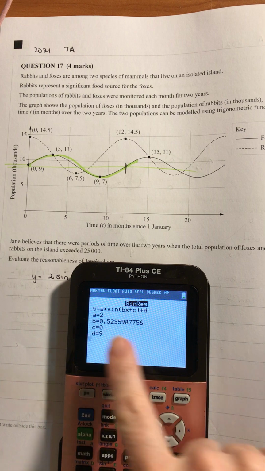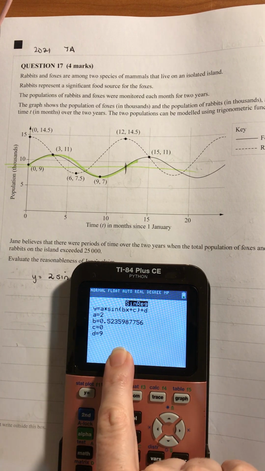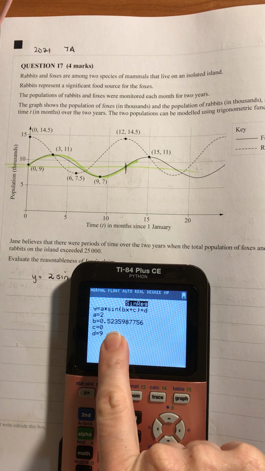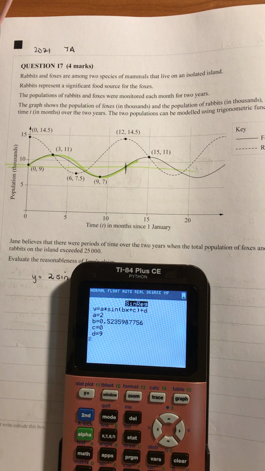And then when it comes out, you've got your amplitude, you've got your vertical shift there. It gives you this b value in decimals, so obviously you would need to convert that into your pi, which you can do, but it's just an extra step there. That may be helpful, may not be helpful.